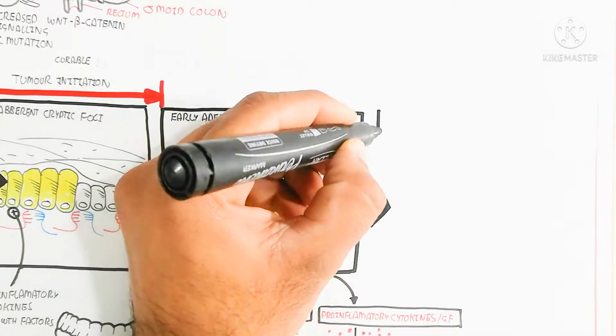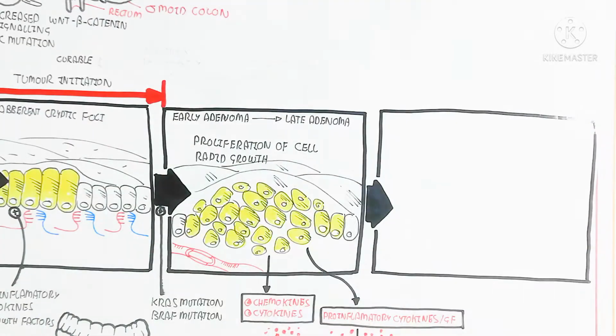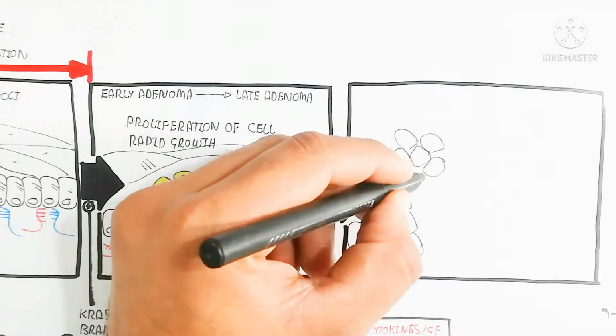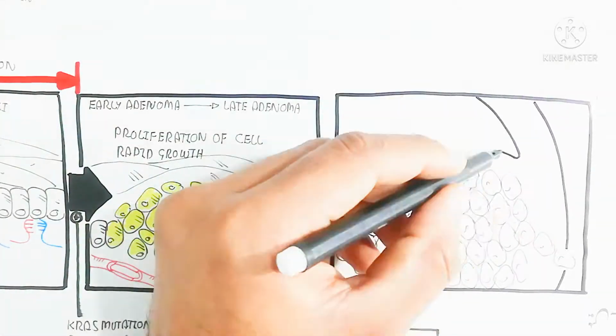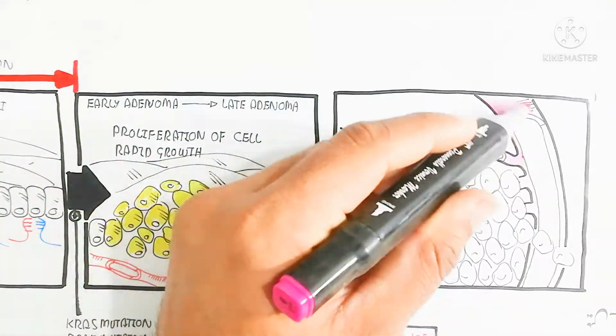Next we will discuss carcinoma. This carcinoma formation will lead into the metastatic state. Carcinoma means the cancer-causing mature cell, which is the cancerous cell, and in this way the metastasis stage.